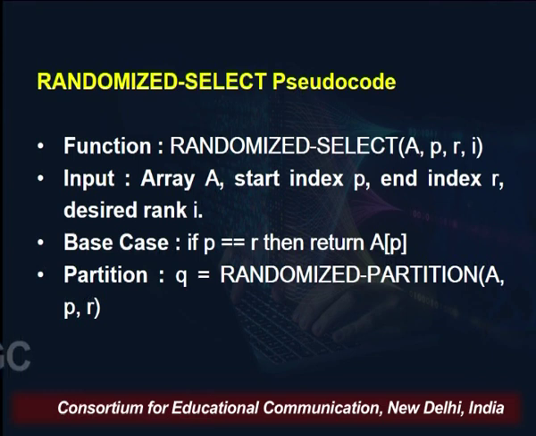So, what is going to be the best case? If p is equal to r, which is an array of one element, then you need to return A[p]. Okay, this was the base case, but what do we need to do? We need to partition this array A, starting index p and ending index r, with the help of randomized partition, and whatever is the result of this randomized partition will be stored inside this q, which is now the pivot element.